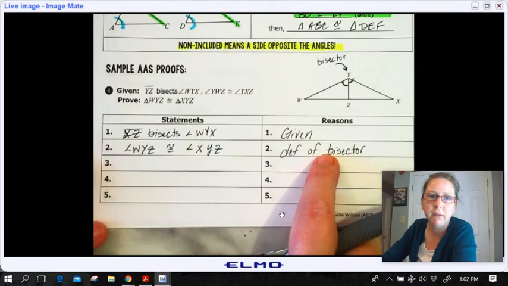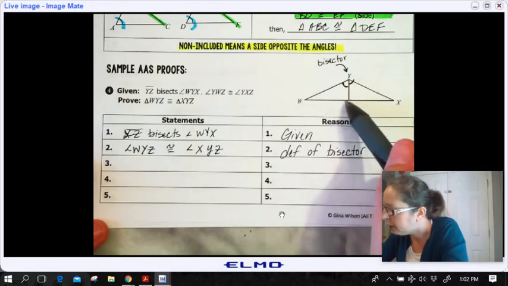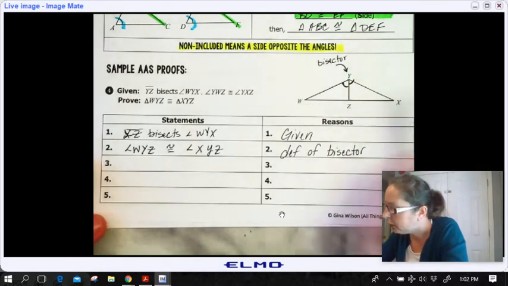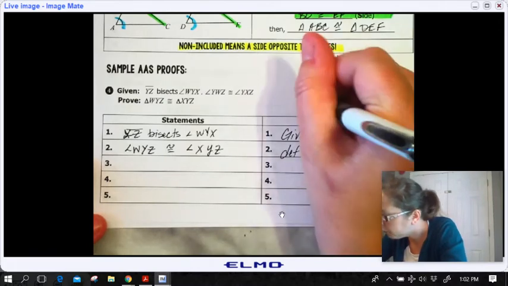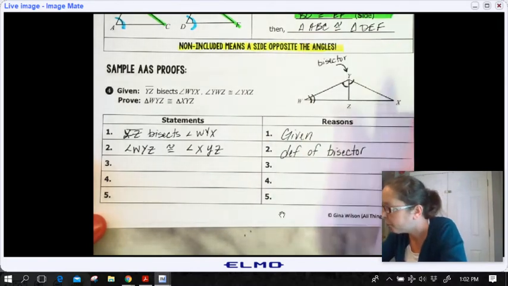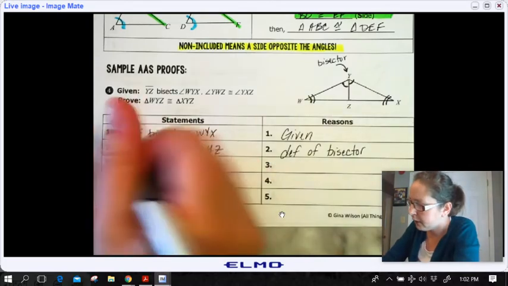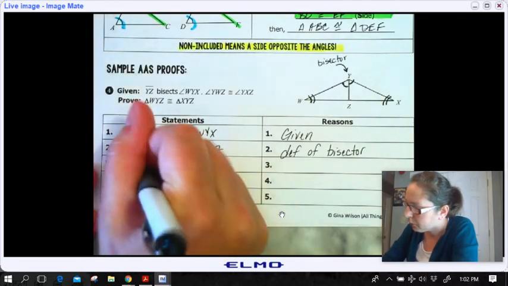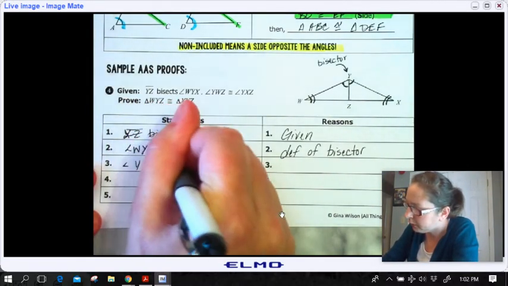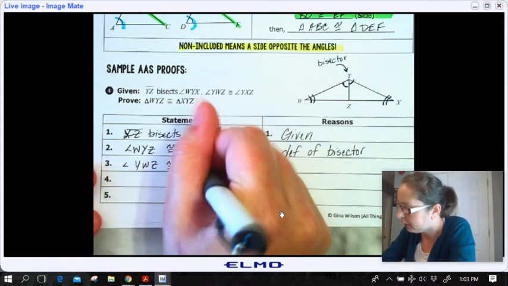All right, next they tell me that angle YWZ is congruent to YXZ. So I'm going to write this down. YWZ is congruent to YXZ.